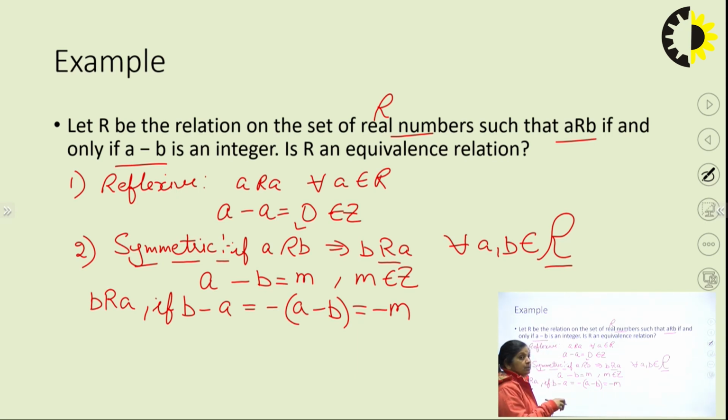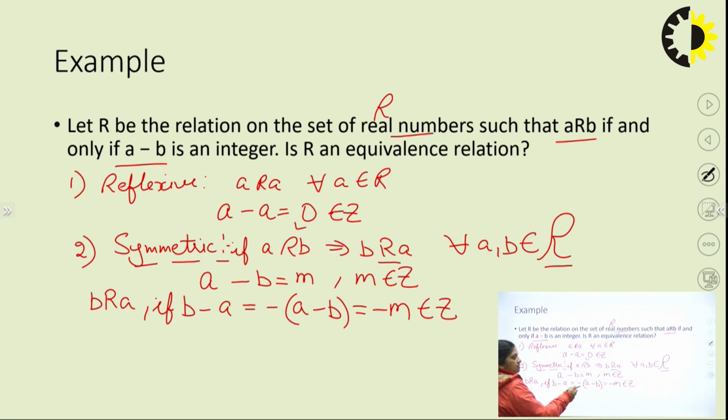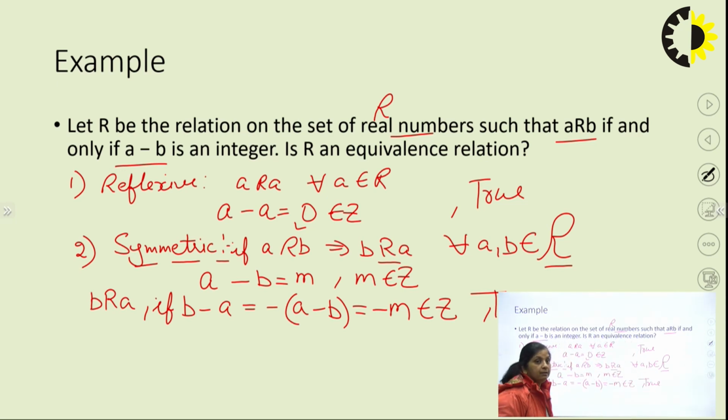When minus 2 is an integer, then minus of minus 2, that is 2, is also an integer. So we have shown that B minus A is an integer when A minus B is an integer. So the symmetric property is also true, just like our reflexive property. In this particular case, we find that it is a symmetric relation.